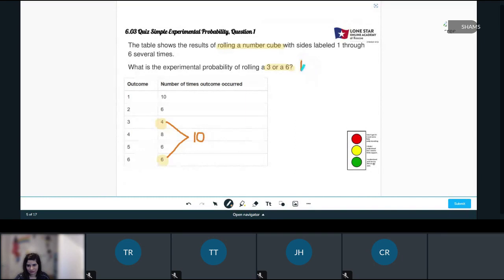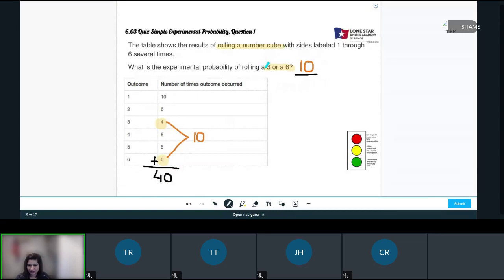And out of a total of how many times? Let's count. We will add 10 plus 6 plus 4 plus 8 plus 6 plus 6. The total again was 40. It didn't change the total anytime.